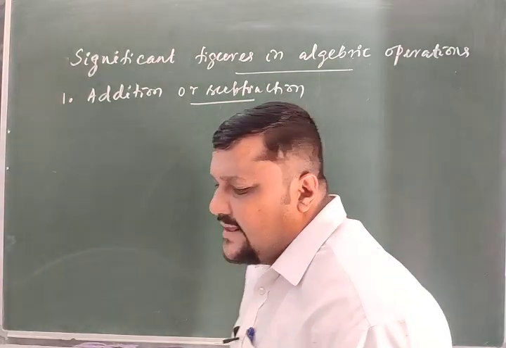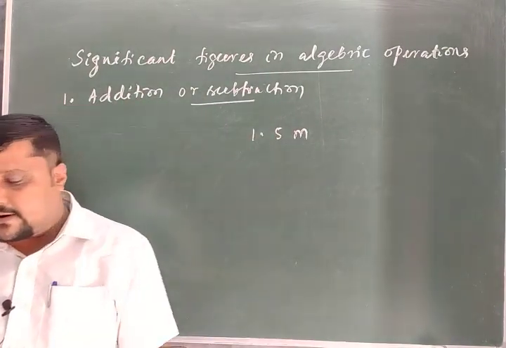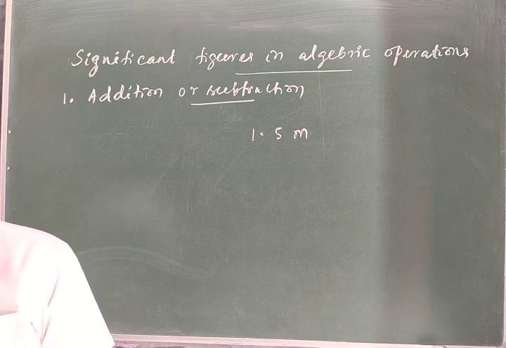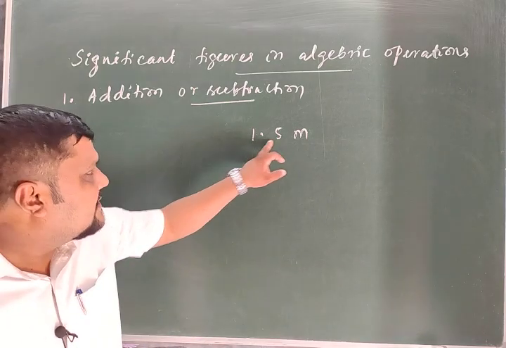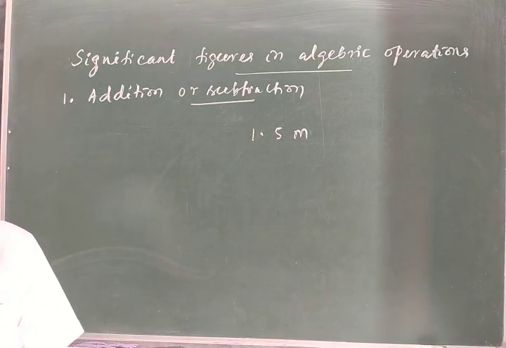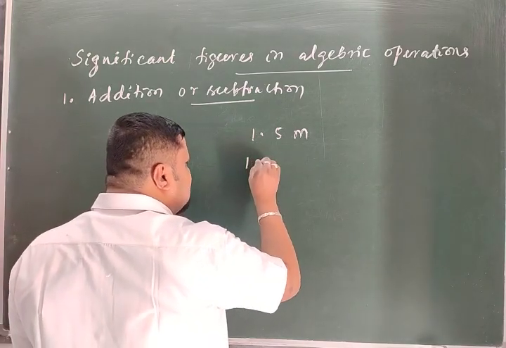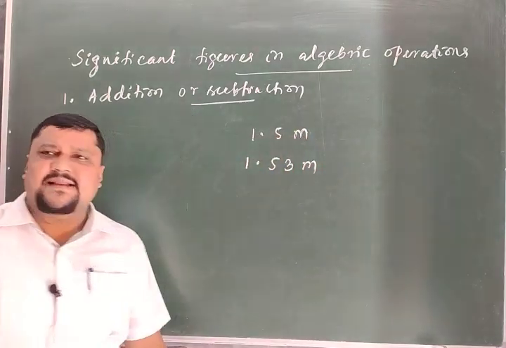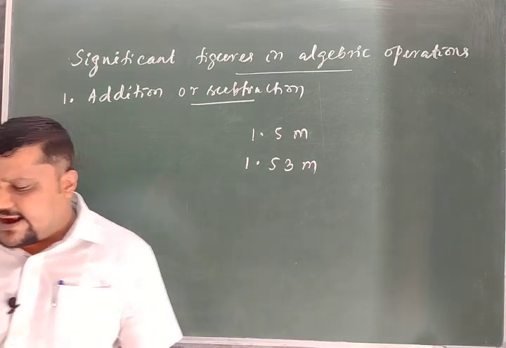As in the discussion of significant figures, we know that this 1.5 meter has some precision, and another length measurement is 1.53 meter. We are measuring another length 1.53 meter. Now I will add these two.